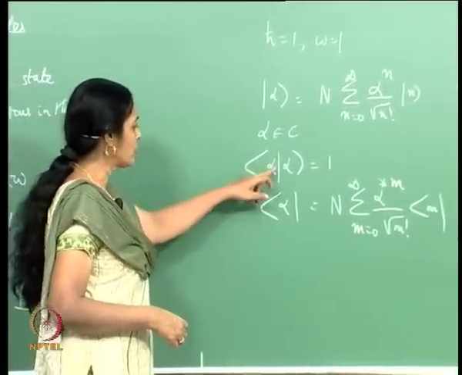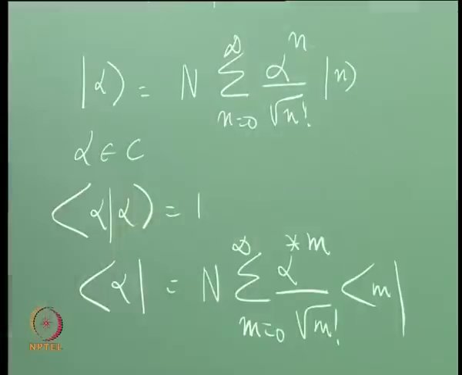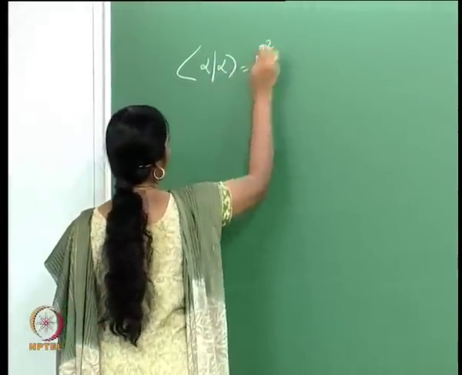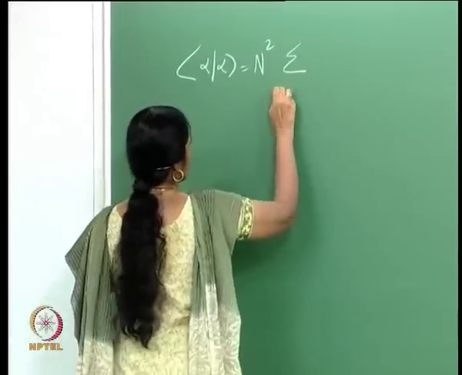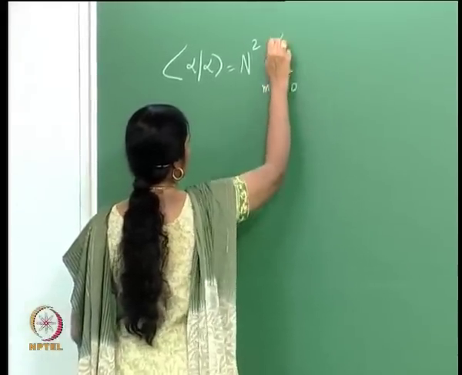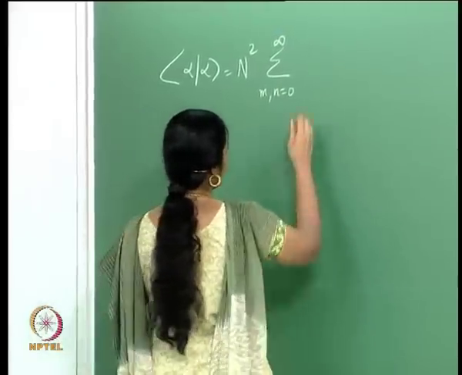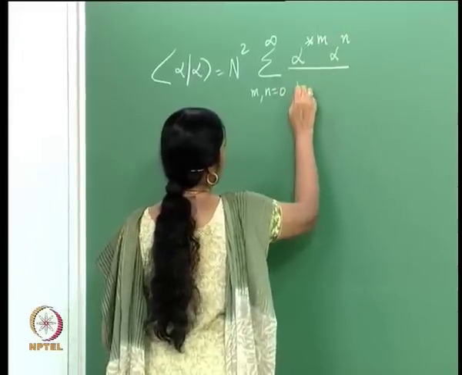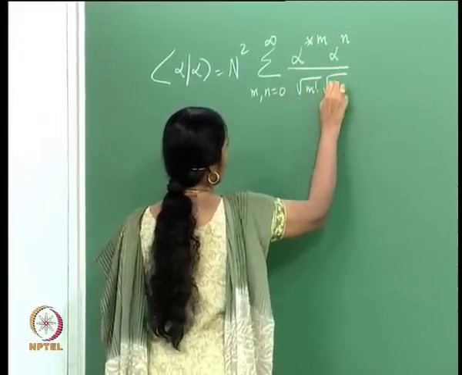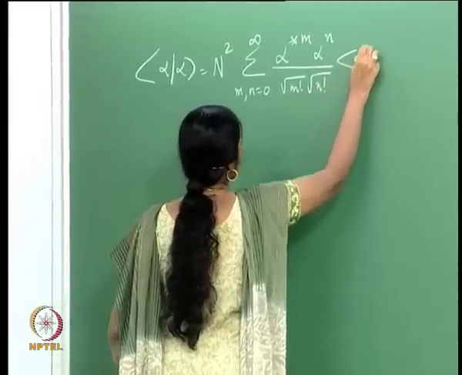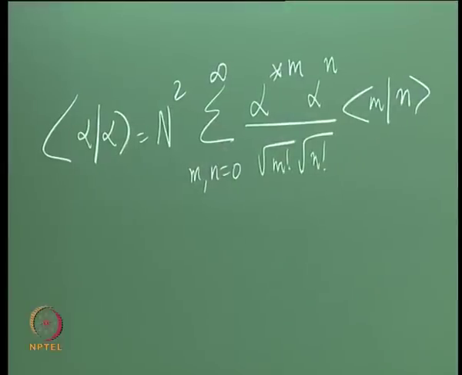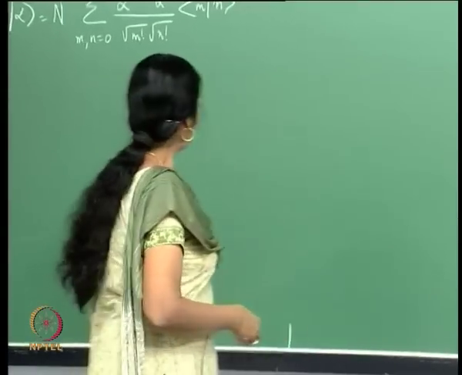And therefore, if I try to find the inner product, which I will work out, there is an n squared summation m, n equals 0 to infinity, alpha star to the power of m, alpha to the power of n by root of m factorial root of n factorial, times the inner product of bra m with ket n.